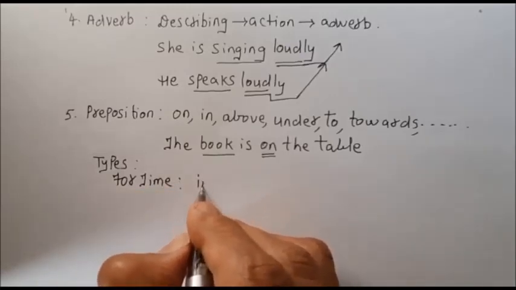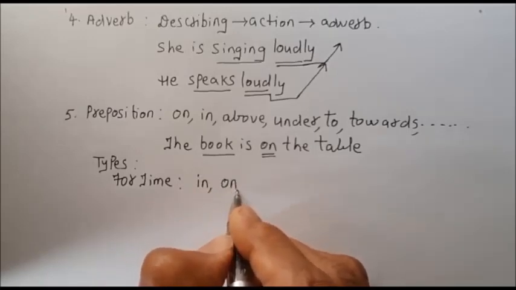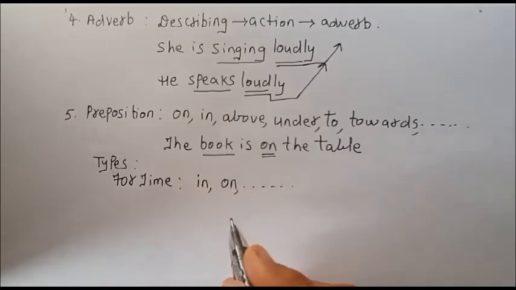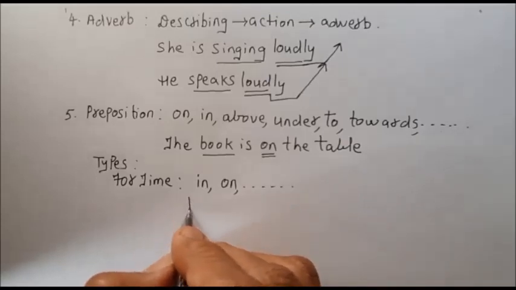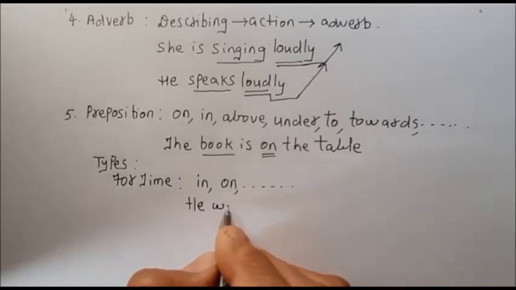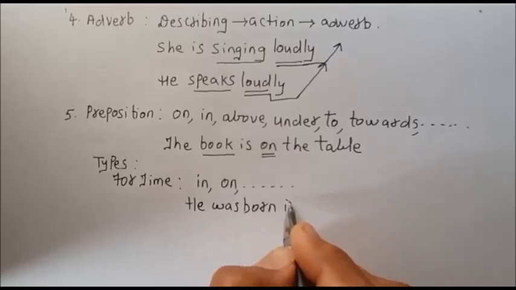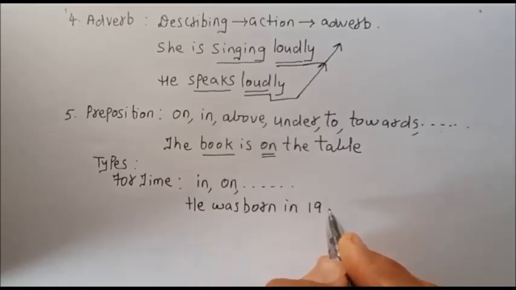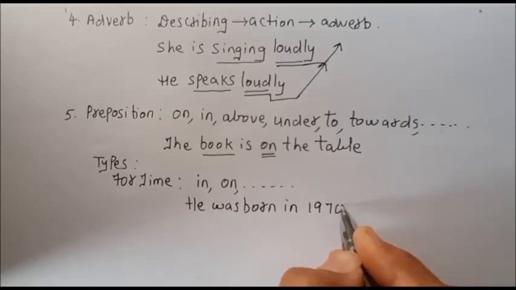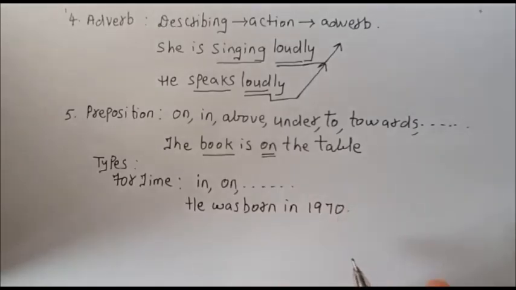They are like in, on, etc. Example, he was born in 1970, right? So this in over here shows you the time period. So this preposition in is called a preposition for time.